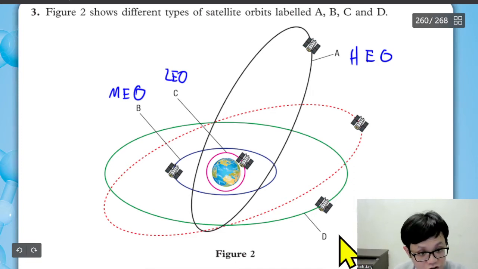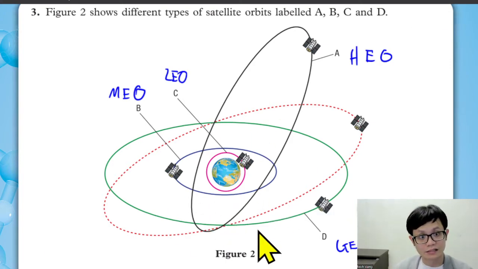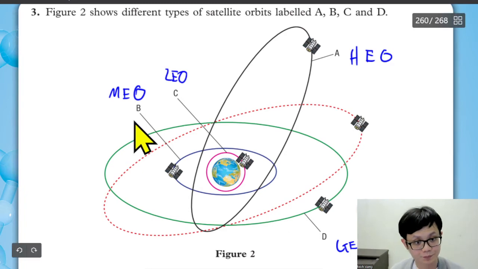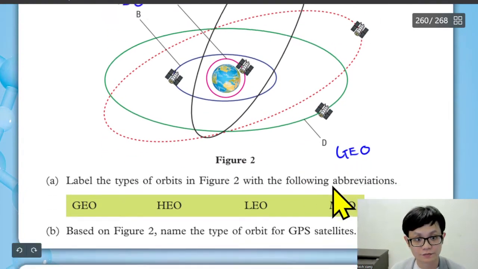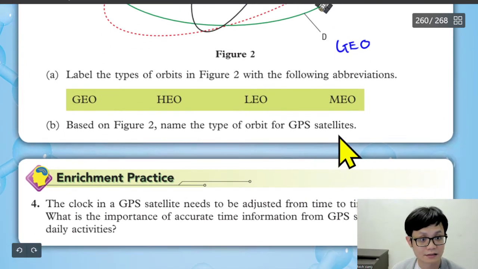After that, D is GEO, which is stationary. Everywhere you go, you always look back at the satellite. GEO.